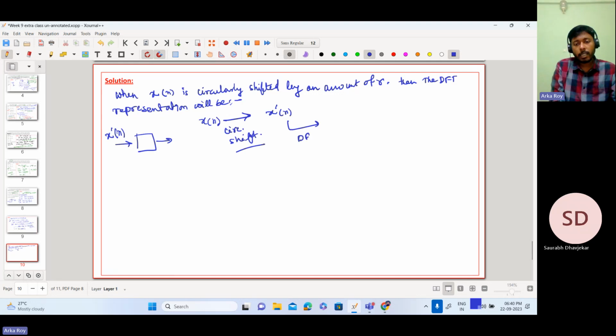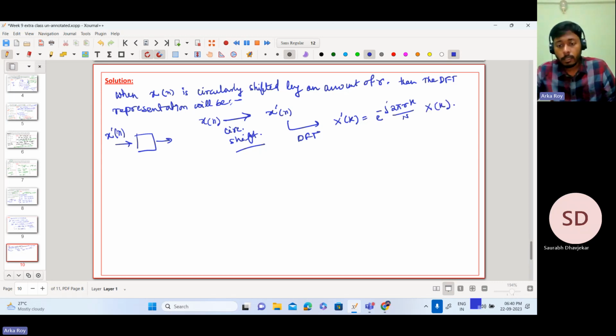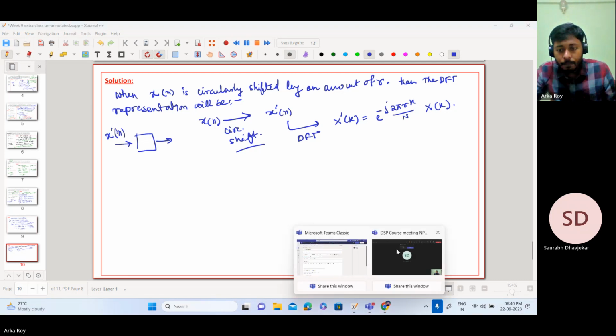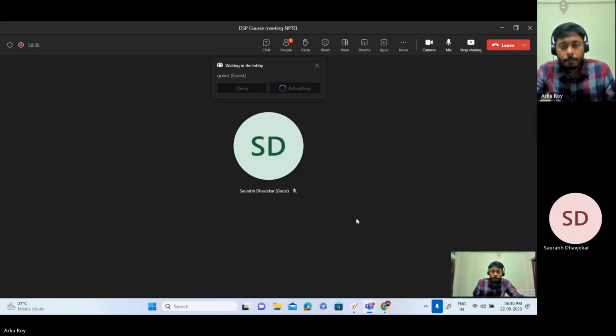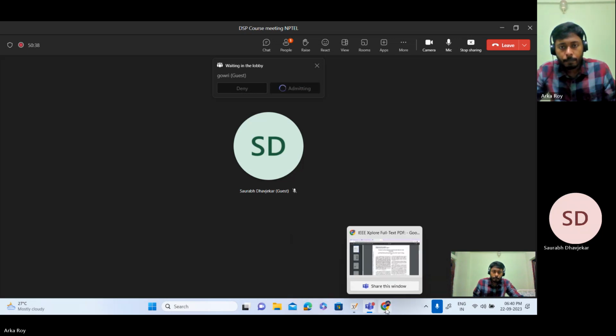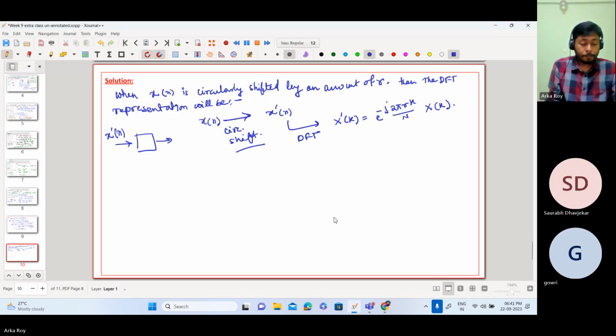If I take the DFT of this, what will be the output? X'(k) is given as e to the power minus j 2 pi r k divided by N, and it will be multiplied with X(k) over here.